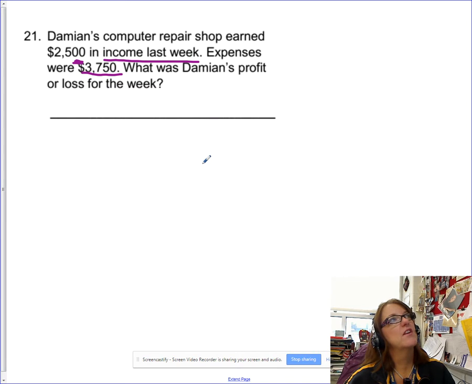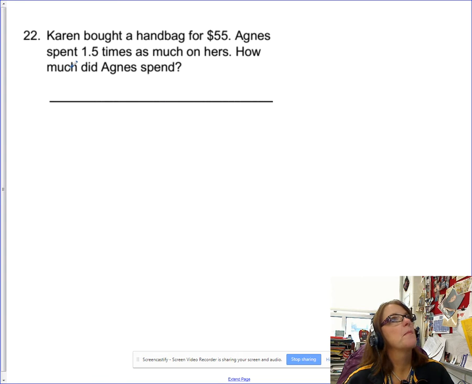So you have to figure out what is either his profit, where his final answer is positive, or his loss, where his final answer is negative. You need to label your answer as money, and you also need to tell me either with a positive or negative sign, profit or loss, or use the words profit or loss.